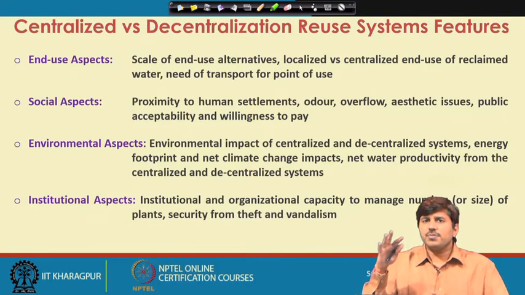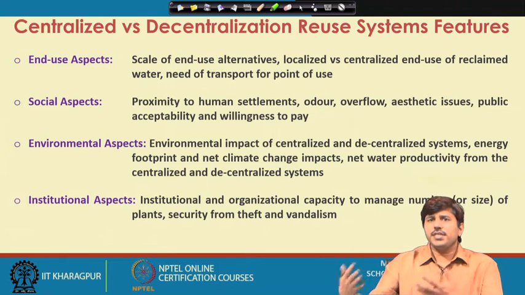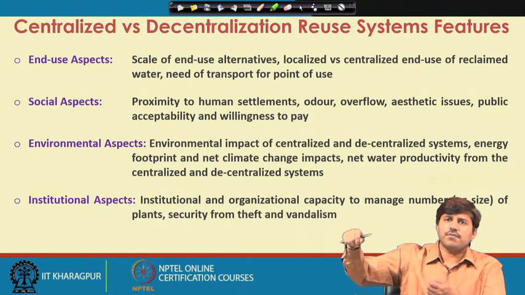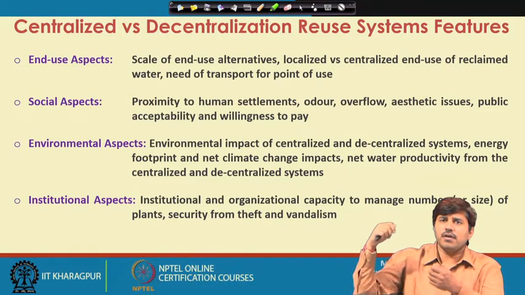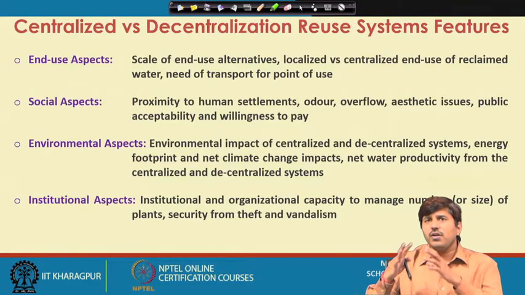But if your end use option is decentralized, let us say irrigating, horticulture, gardening, flowering, these are very local types of end use. The water is treated here and you can put that in the vicinity for the purpose of gardening, for watering the plants. These are very localized end use options for the reclaimed water.